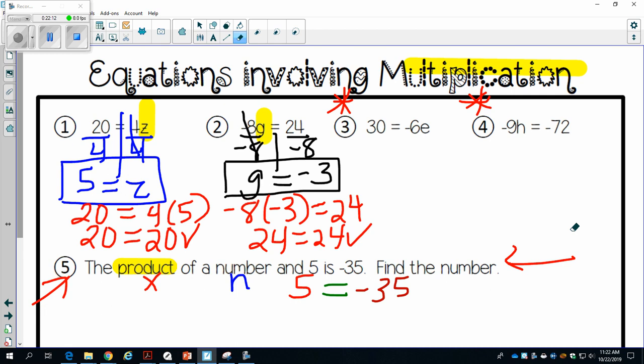So let's think. We're finding the product of a number and 5. So what we're doing is we're multiplying 5 and n. And remember, when we're writing algebraic equations or expressions, we don't need this multiplication sign, because these multiplication signs look like x's and they can get confused with a variable. So we can just put 5 and n next to each other, and that is equal to -35.